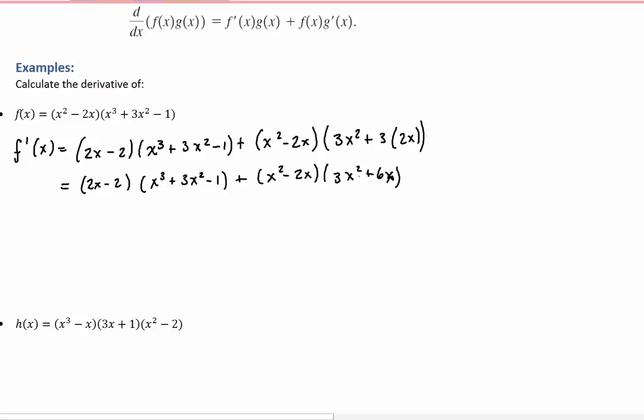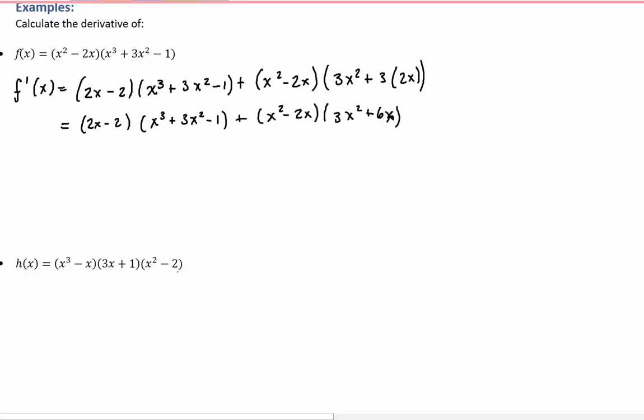You could factor 3 out of here and x out of each term, and then leave it like that. Or as I said, you could expand it out and simplify after. Okay, but that is the technique. Derivative of the first, and then times the second, plus copy the first times the derivative of the second.